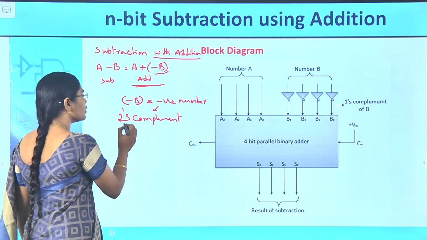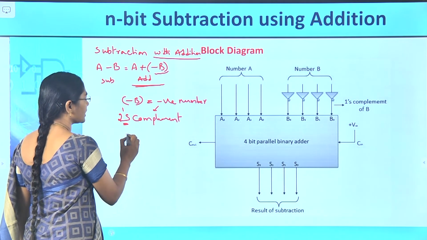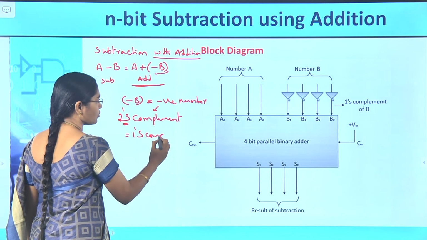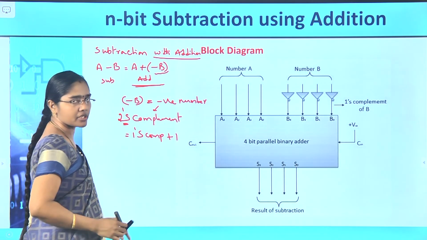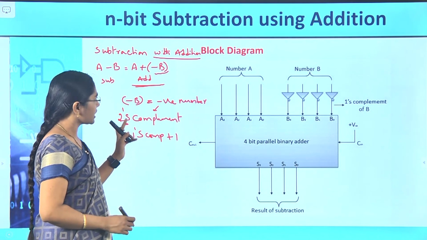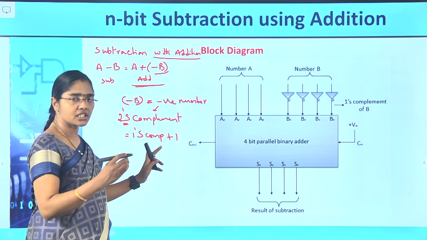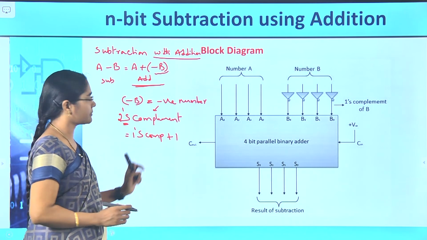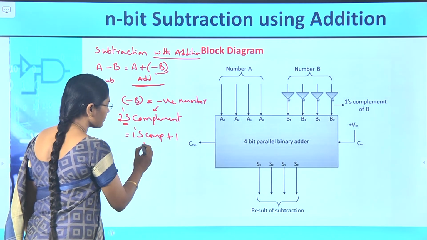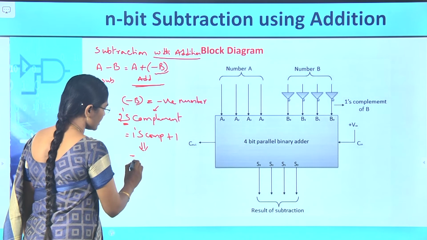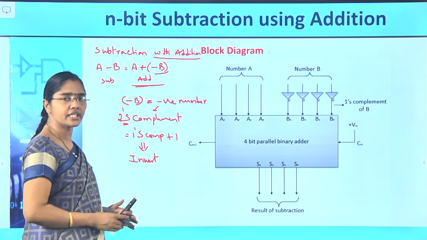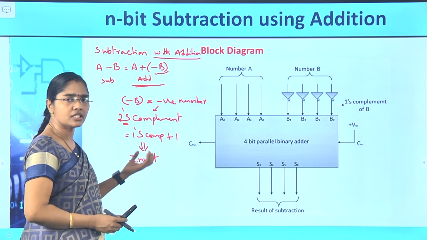Then how can 2's complement be obtained? 2's complement is 1's complement plus 1. It can be obtained by getting the 1's complement first and then adding 1 to the LSB. 1's complement is just inverting each bit of the given b.